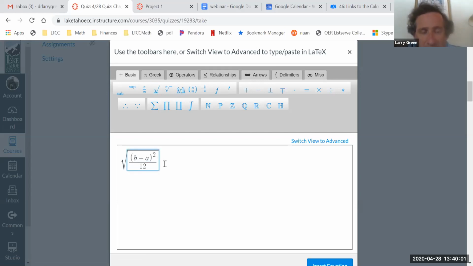Any questions on that formula? And remember, we went from 5 to 8. So that's going to be the square root of (8 minus 5) squared divided by 12.